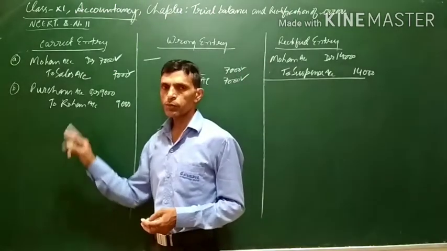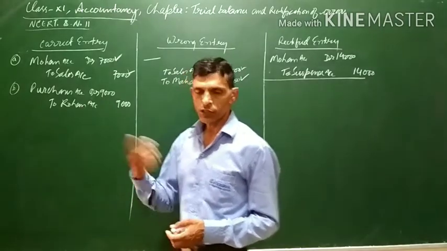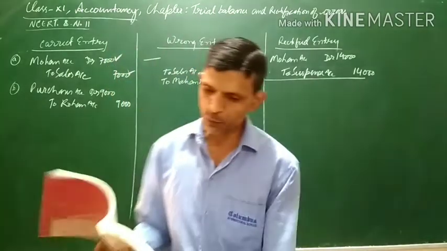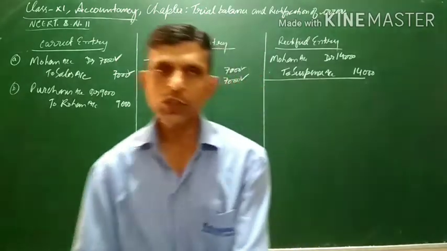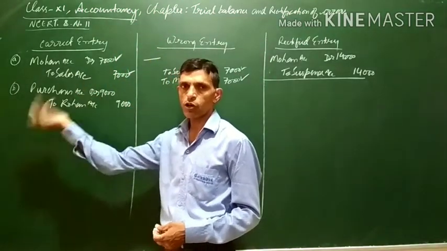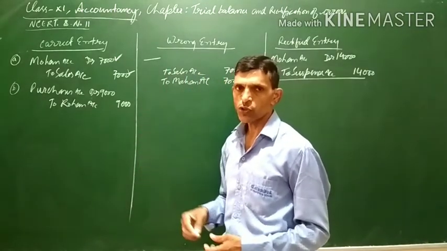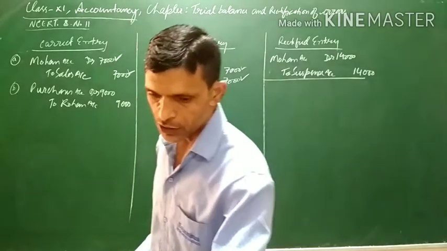Credit purchases from Rohan means it will be posted to Rohan's account and Rohan's account will be credited. But instead of credit, it has been posted to the debit of his account, and moreover the amount is also 6,000.